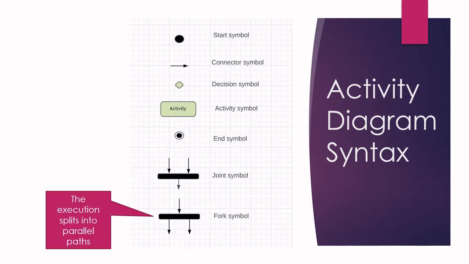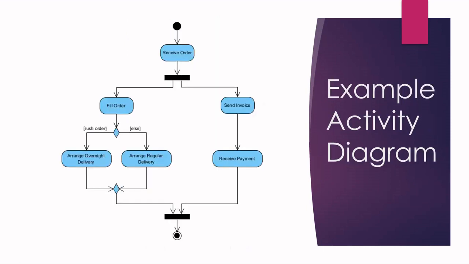Okay. So let's see. Here's an example of an activity diagram. This is the beginning and this is the end. Now there is a task of receiving an order, or activity of receiving order. This is kind of high level.